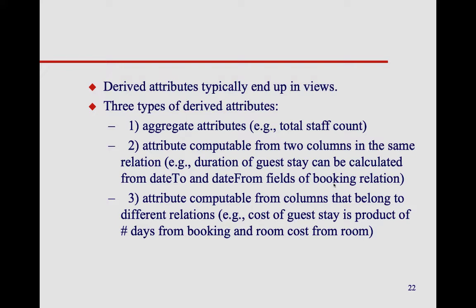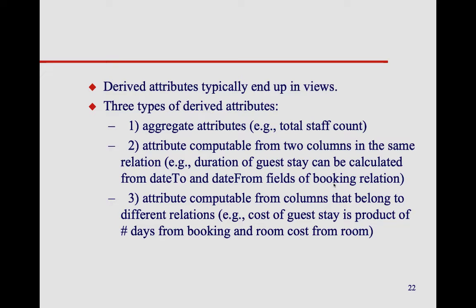Then the third type of derived attribute is one computable from columns in 2 different relations. If I want to know the revenue generated by a guest stay, then I need to know both the duration of the guest stay and I need to know the price of the room. The price of the room is in the room relation.